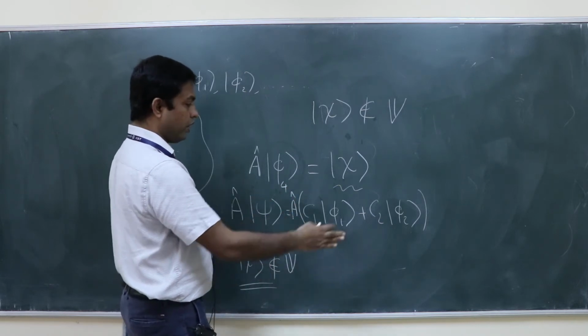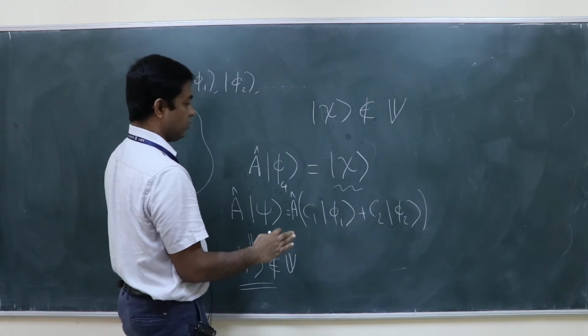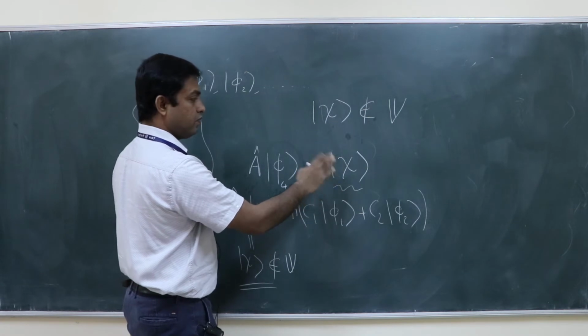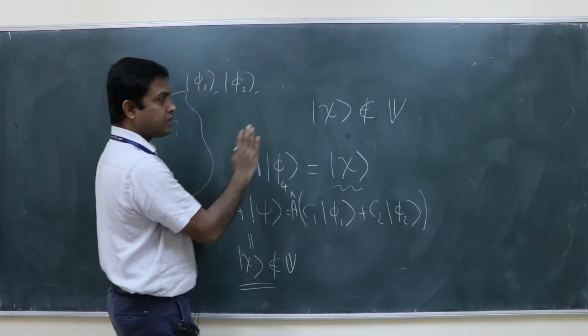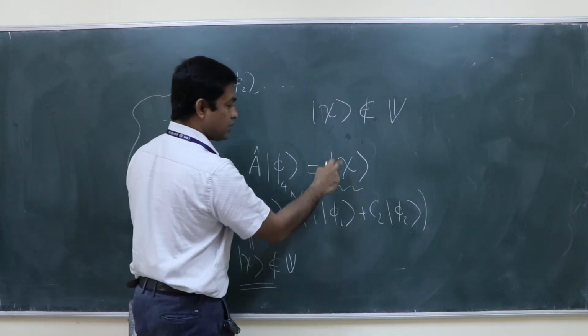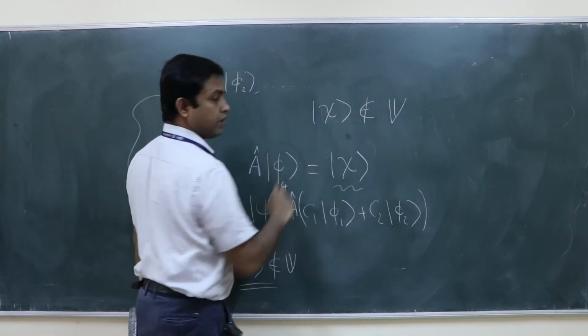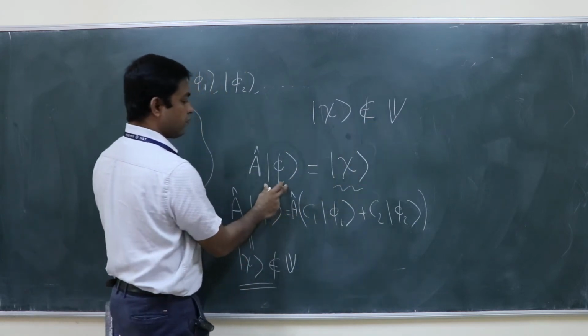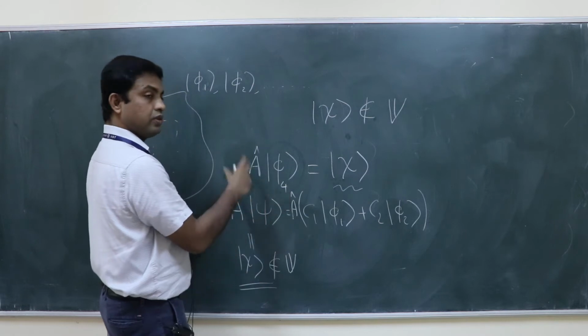You don't have to worry about whether it is a basis vector or not. Under the action of this operator, you are getting some vector which is not in V. If that resultant vector is not in V, then this ket phi 4 is not in the domain of the operator A.